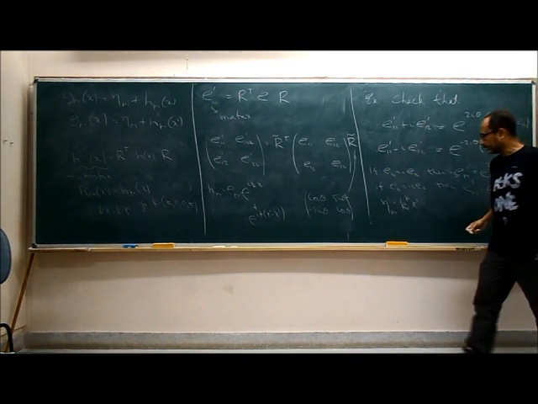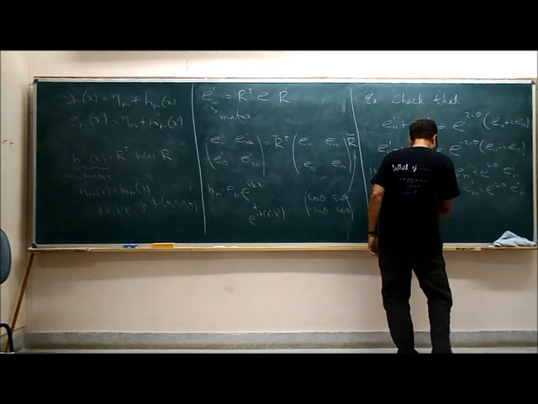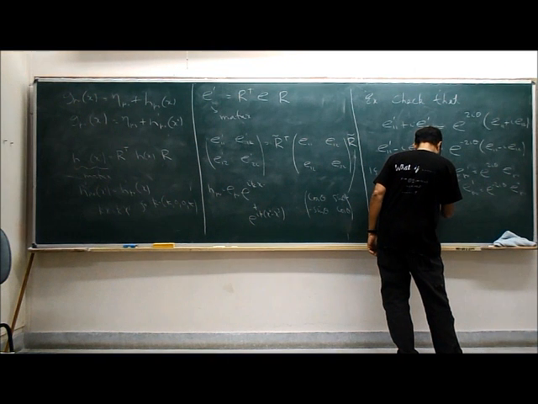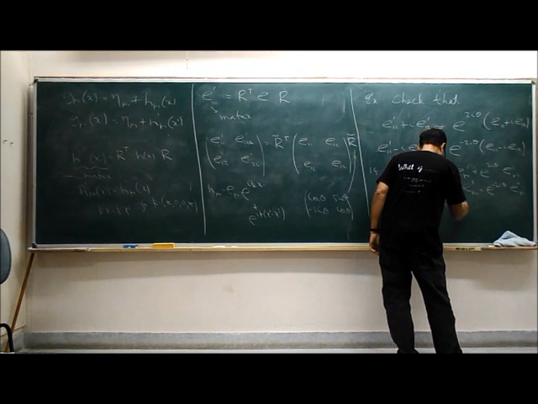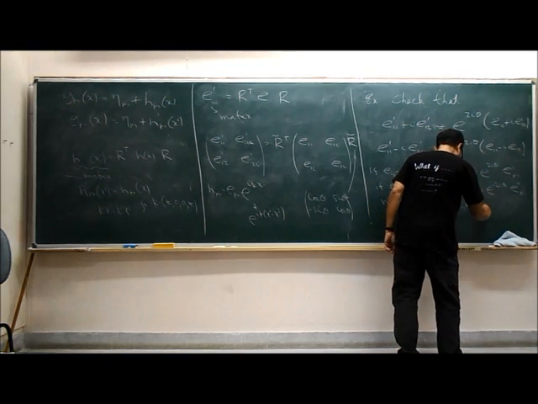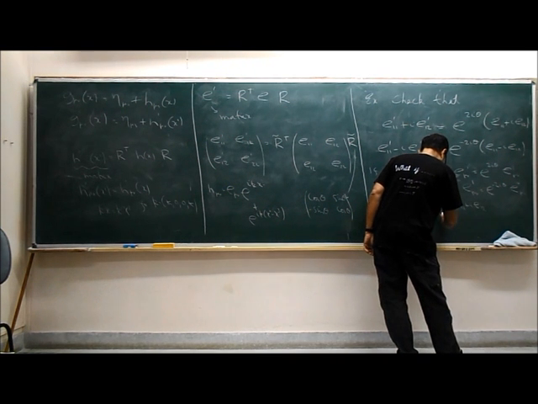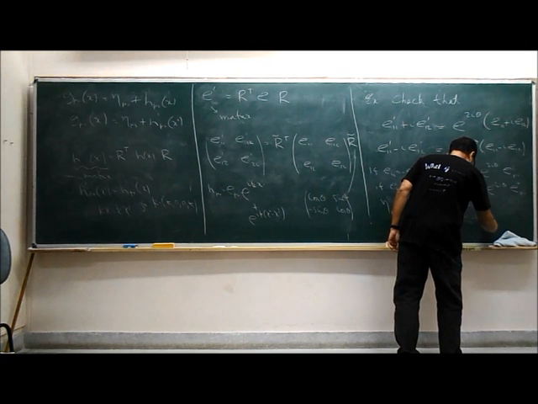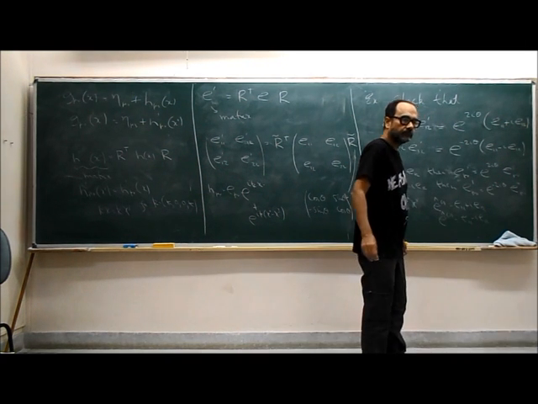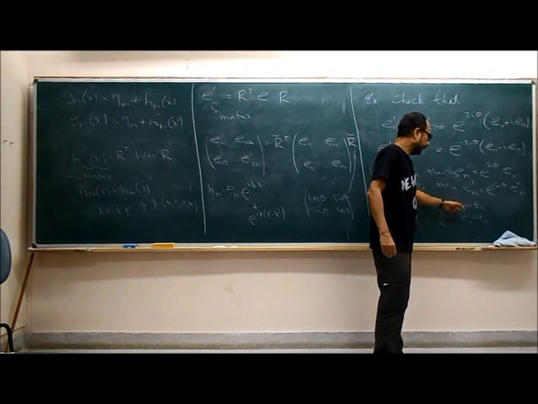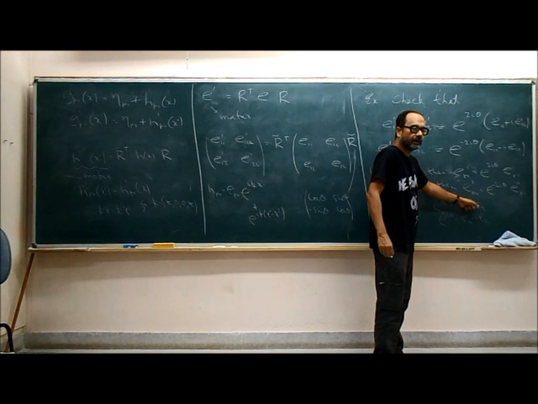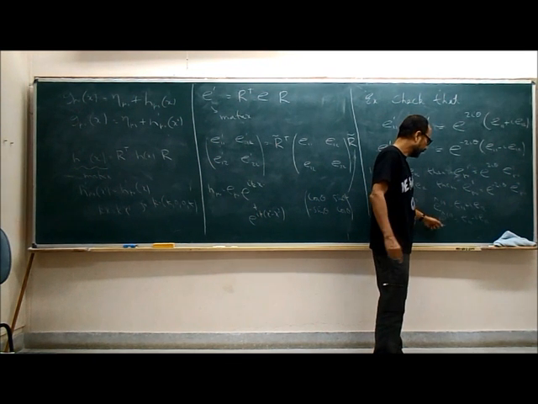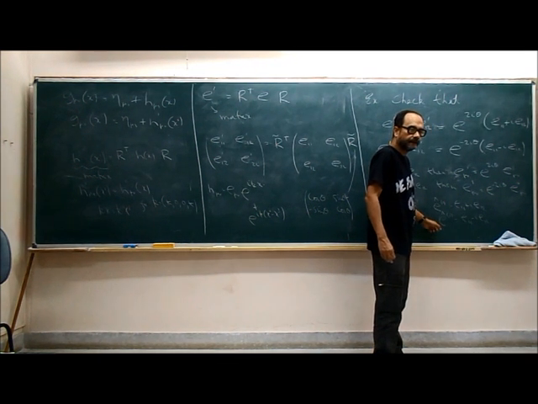In other words, you can define E hat 1 as E11 plus iE12 and E hat 2 as E11 minus iE12. Instead of thinking of E11 and E12 as independent variables, you can also say these are the independent vectors.